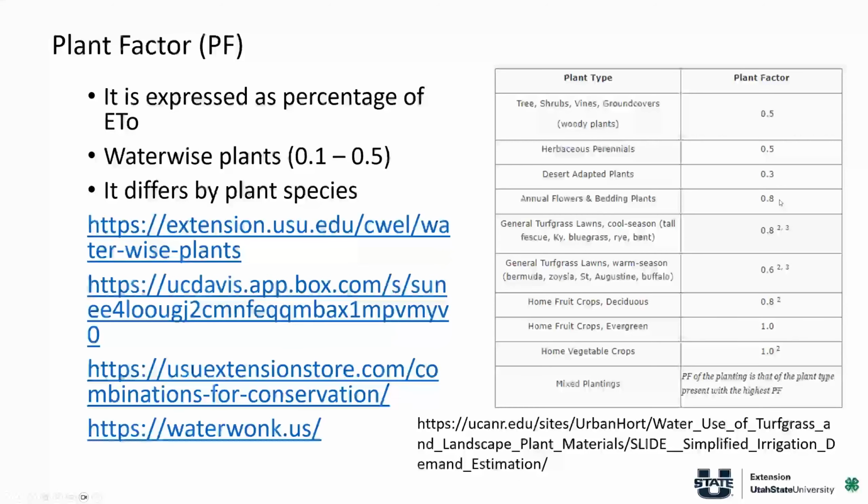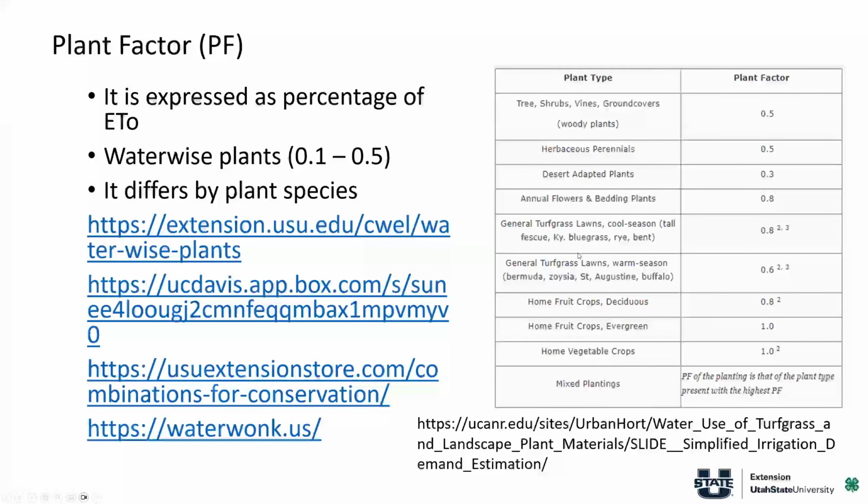Annual flowers and bedding plants, 0.8. Kentucky bluegrass, 0.8. But then there are a lot of different varieties of turf, and different varieties have different water use. There are a lot of types of trees. Some, like fruit trees, usually have higher plant factors compared to low water use trees. So the plant factor for all the crops has not been identified.